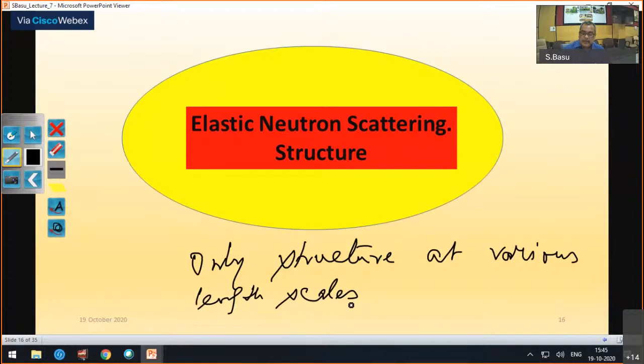And the other part, I showed you inelastic work, where you have to measure not only the direction of the outgoing neutron, but also the energy of those neutrons, and they tell us about the dynamics in the system.